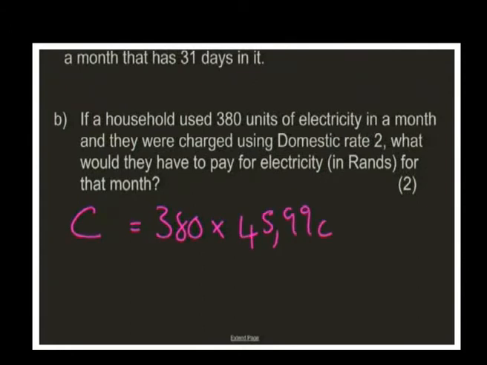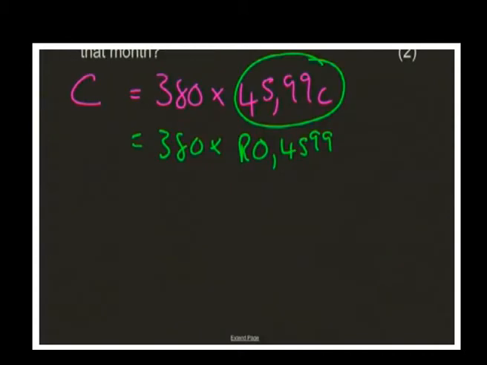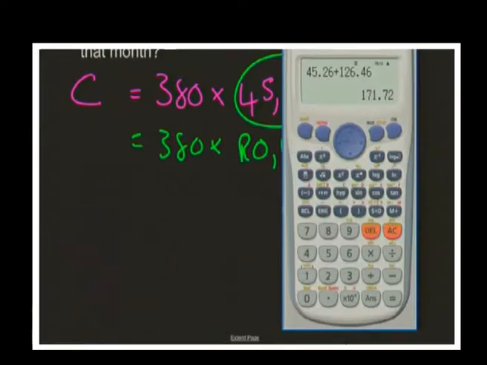Now, 45.99 cents. Guys, we don't want this. Why? Because it's in cents. Let's change it to rands. How do we get it to rands? We divide by 100. So I'm going to get 0.4599. So 380 multiplied by 0.4599 rands. And again, simple little calculation.